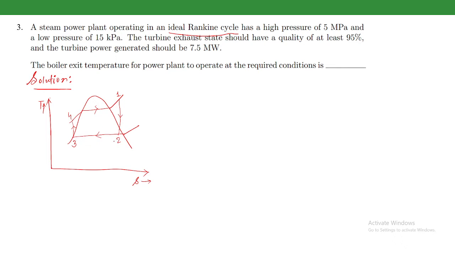Also the turbine exit should have a quality of at least 95%, that is the quality at state point 2 should be 95%, and the turbine power, whatever power the turbine is generating, is 7.5 megawatt.